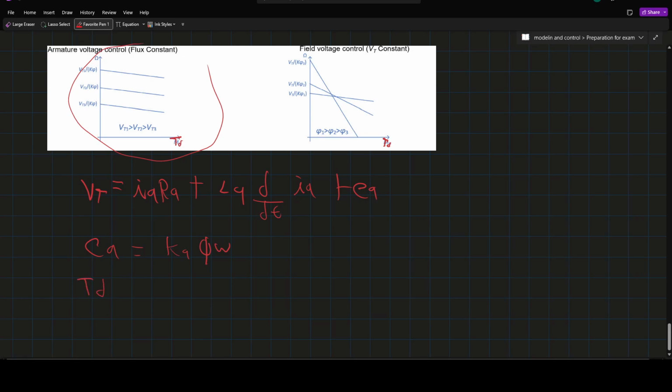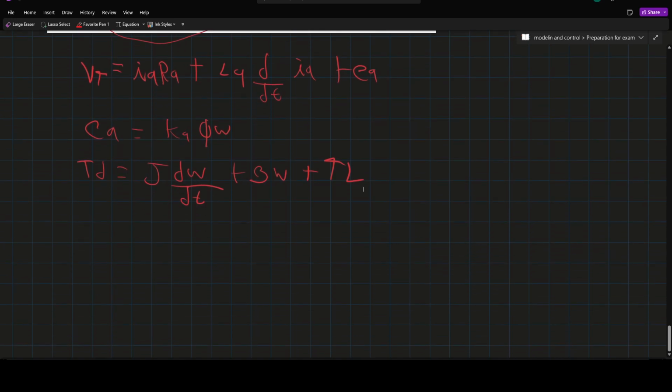We also know that our developed torque is equal to our moment of inertia times the derivative of our speed, plus the torque due to friction, which is our friction coefficient times our speed, and we have our load torque. So when we have all these together, we get our developed torque, the torque that the motor is actually producing.